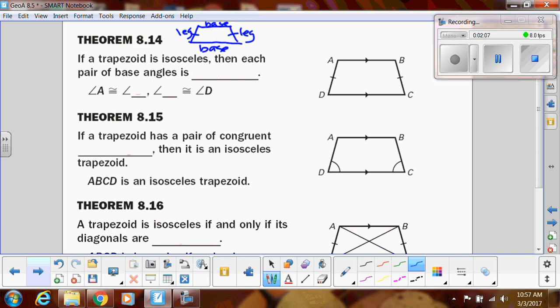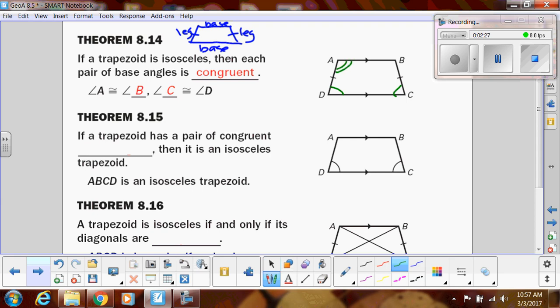So if a trapezoid is isosceles, then the other thing we know is that each pair of base angles is congruent. All right, so I know that D and C are going to be congruent, and then A and B are also going to be congruent.